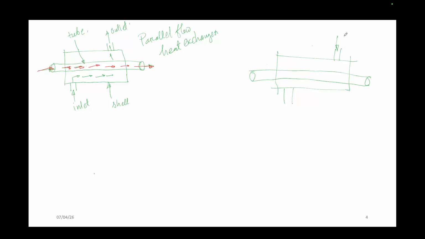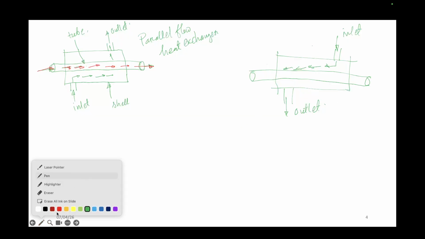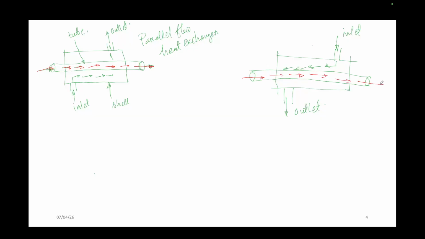This is your inlet, this is your outlet. So the fluid is flowing like this way, and through the pipe it is flowing in this way. The red indicates hot fluid and the green indicates cold fluid. So up to this I hope it is okay.